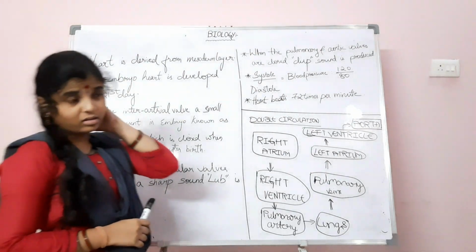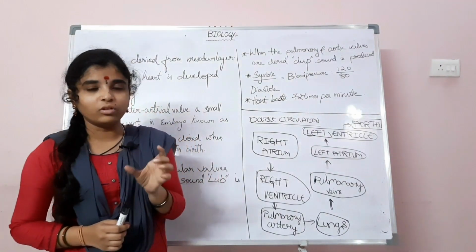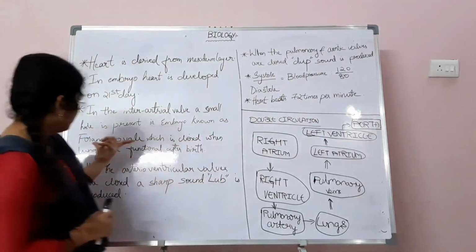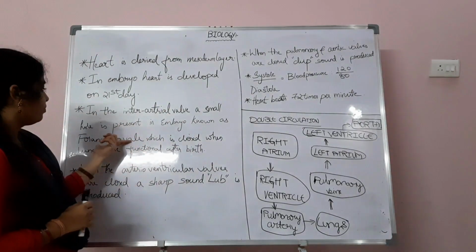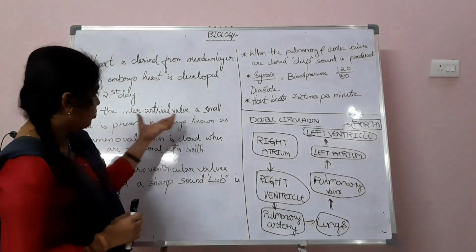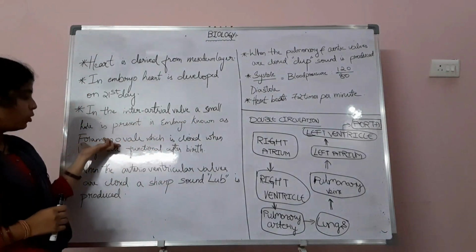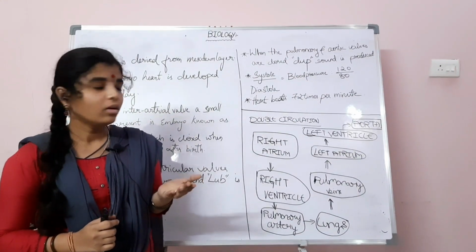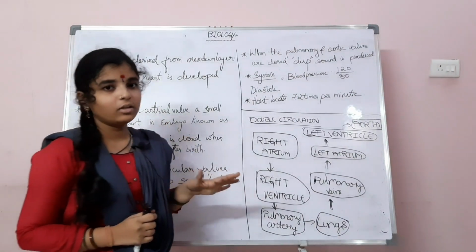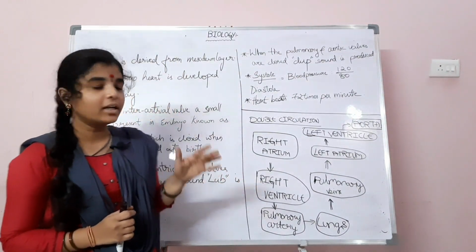You may have heard that there is a hole in the heart in some children. That type of hole is known as foramen ovale when it is present in the embryo. After the child is out of the womb, if the hole remains like that, it is known as patent foramen ovale.